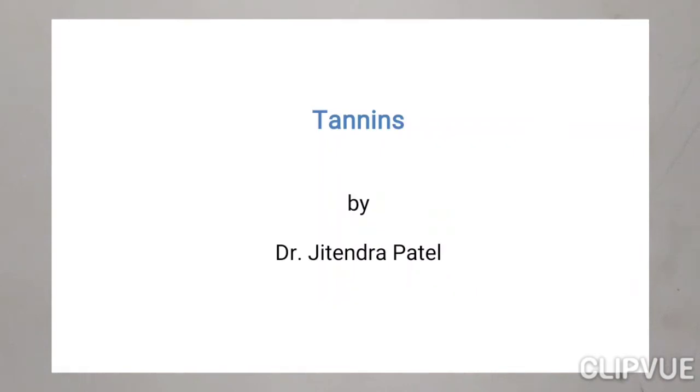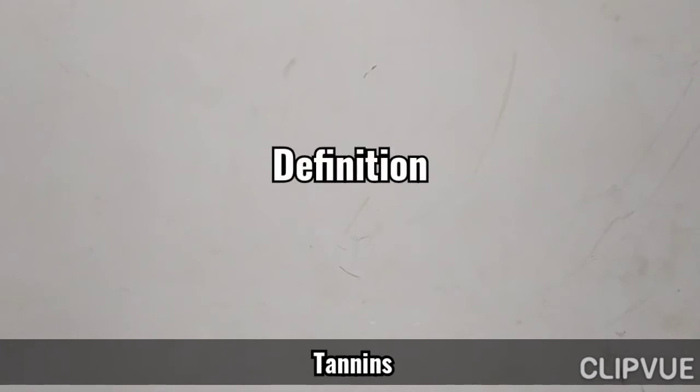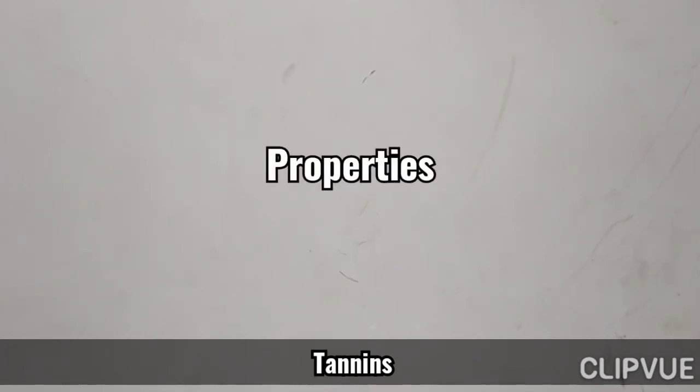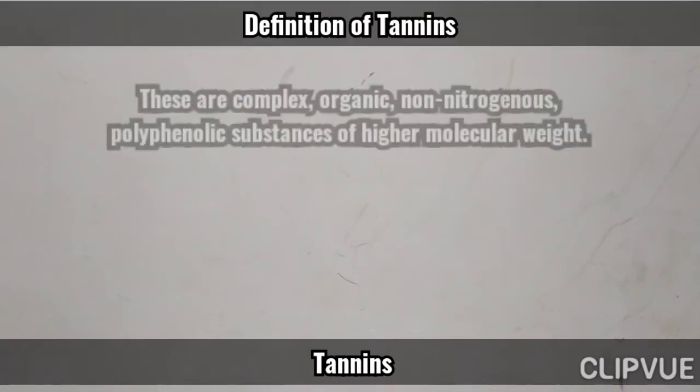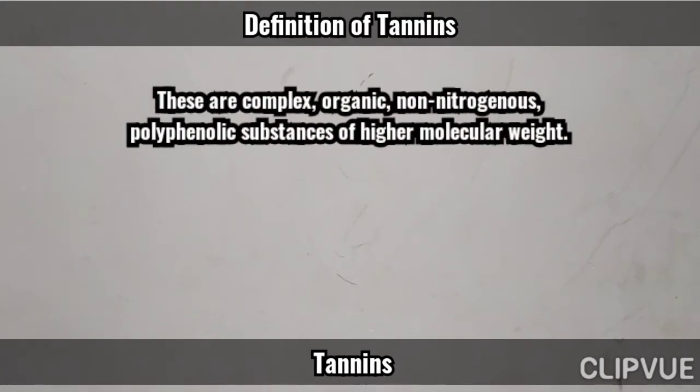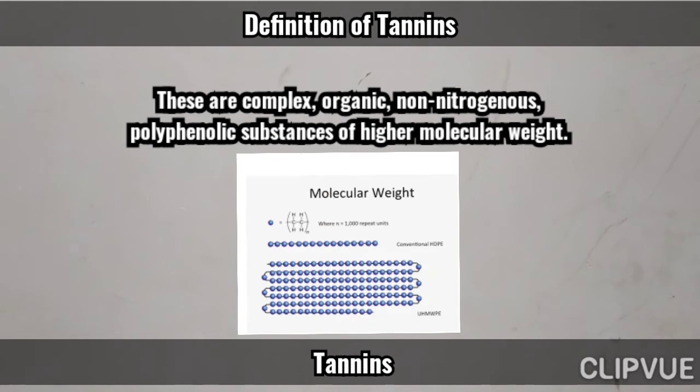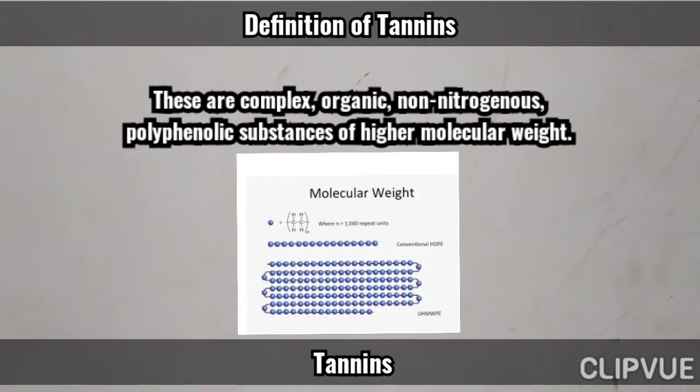Hello students, today we are going to discuss tannins: their definition, classification, properties and identification tests. So the first one, definition. These are complex, organic, non-nitrogenous, polyphenolic substances of higher molecular weight.